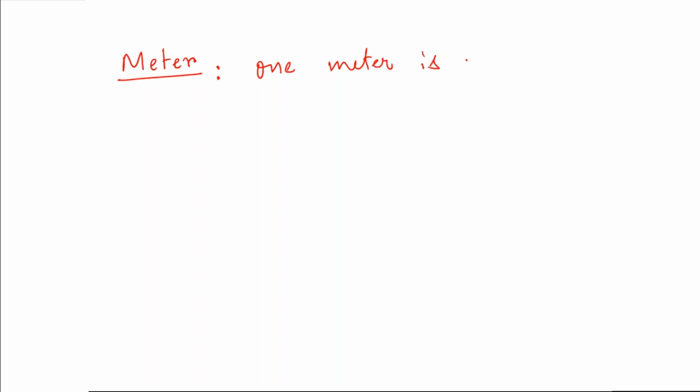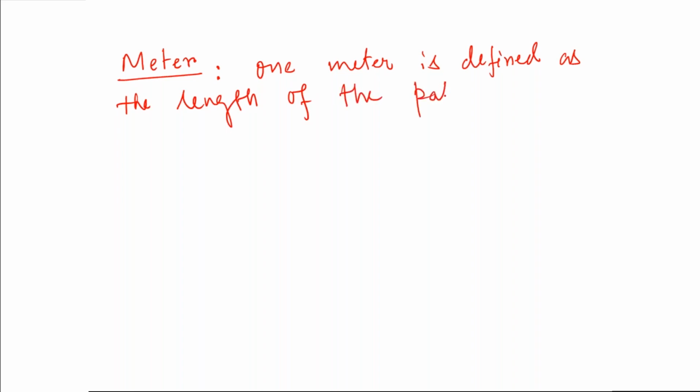So it is written that 1 meter is defined as the length of the path traveled by light in vacuum.